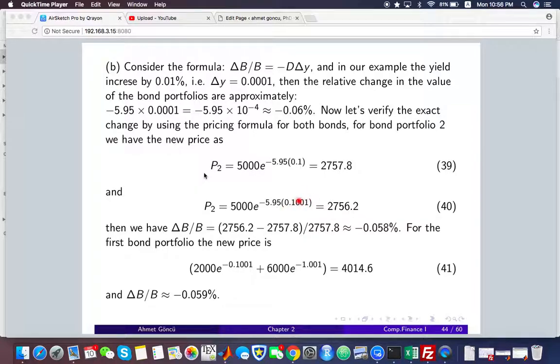So you can see that we have updated the yield, it went up, so the new price goes down. If you calculate the relative difference with respect to the old price, we find that the exact change is also very close to what we obtained from the first order approximation using the duration definition. You can also do this for the first bond portfolio.